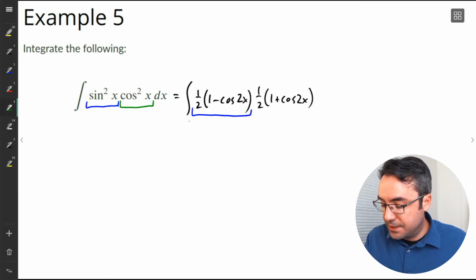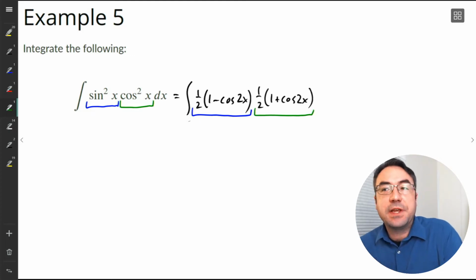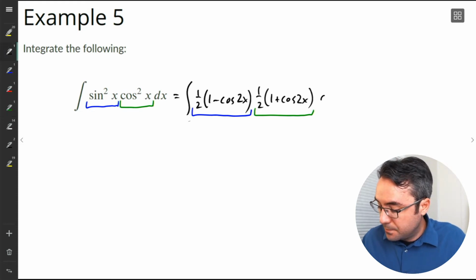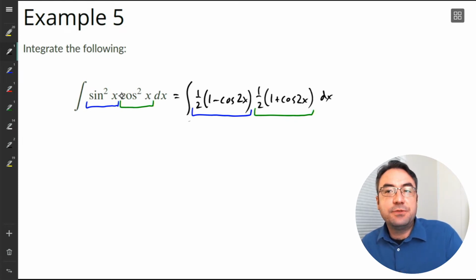So for our cosine squared, that will become 1/2 times 1 plus cosine of 2x. So it'll be plus there. So that's the idea, basically we're going to have a whole bunch of even powers of sine and cosine and just go through and convert them all using these half-angle identities.